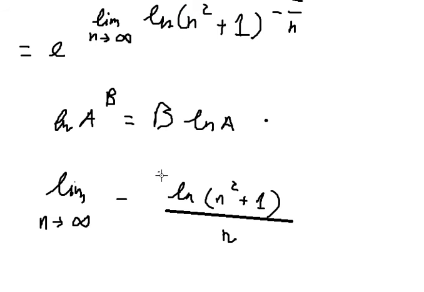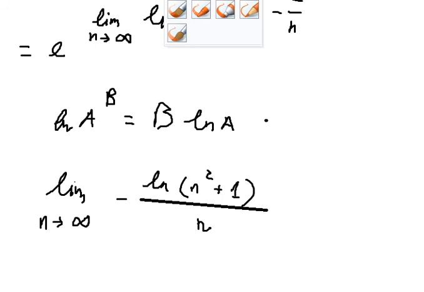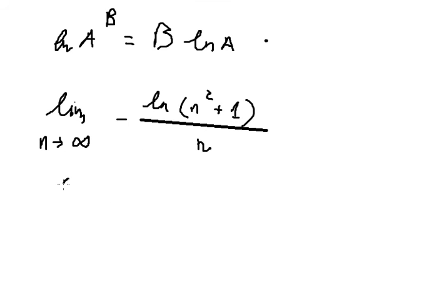Now, if we look carefully at this one, when n approaches positive infinity, this one goes to positive infinity in here. ln of positive infinity, you get positive infinity. This one goes to positive infinity. So that means we have infinity over infinity, so we can use L'Hôpital's rule.